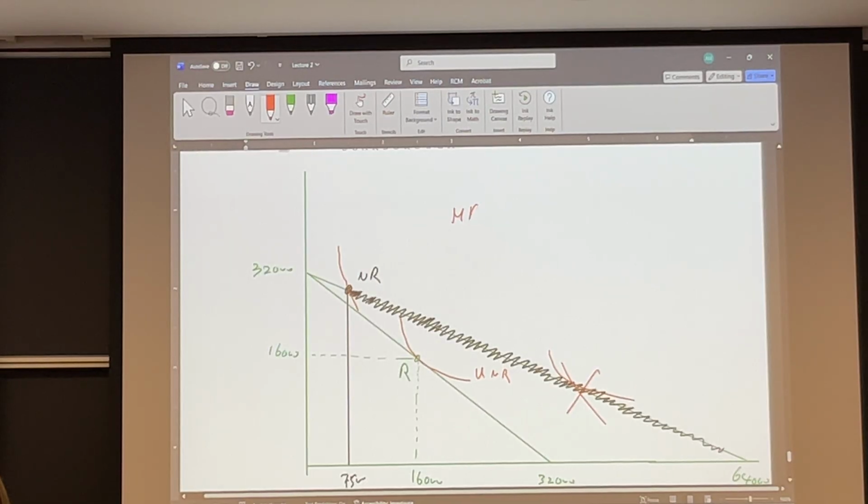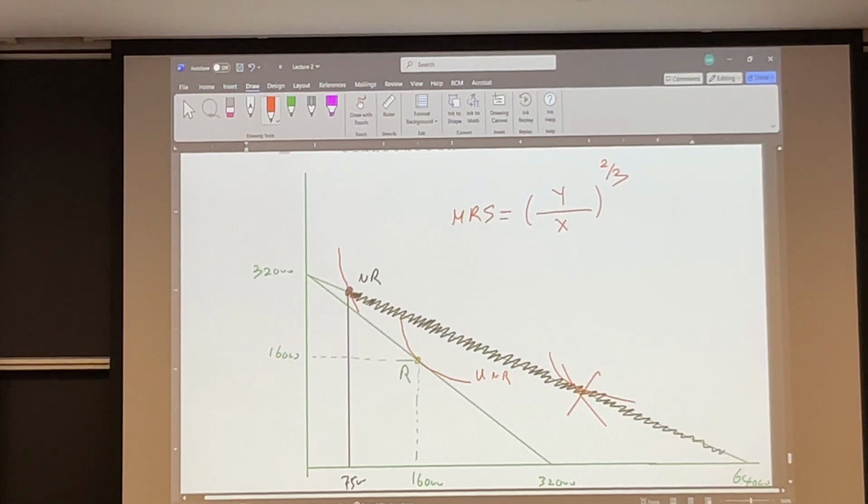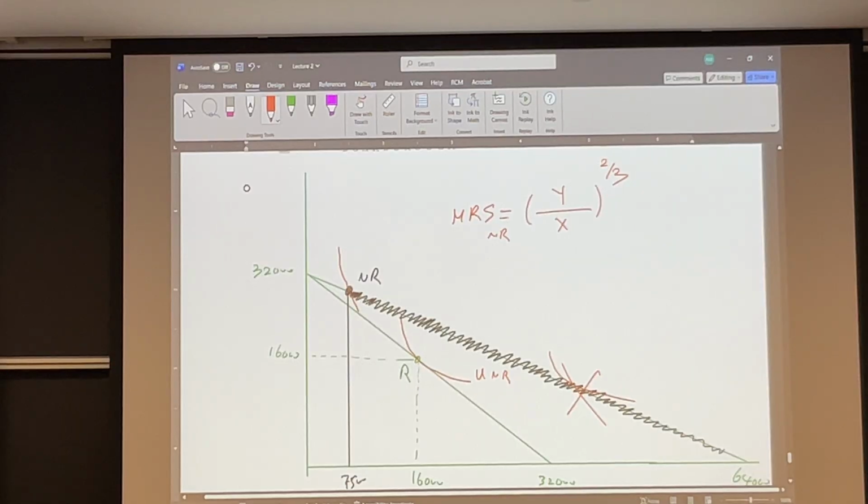The MRS was this. That was the MRS. What would be the MRS at the no rationing optimal solution? I want to get the MRS at this point. Right? Let's see what we get. That was 7,500.